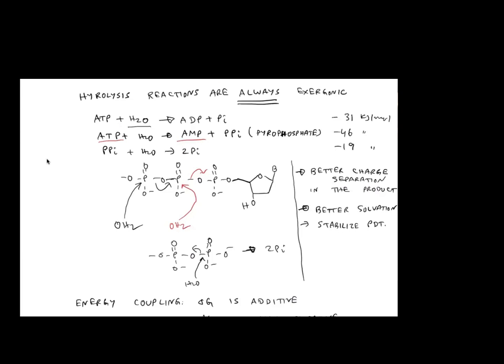And if you look at AMP, we'll have only 1 charge. So not everything is concentrated in one molecule. You're splitting the overall charge between 2 molecules. So that's why you're separating the charges better in the product than in the reactant. Make sense?